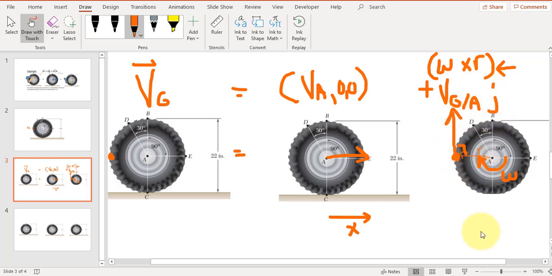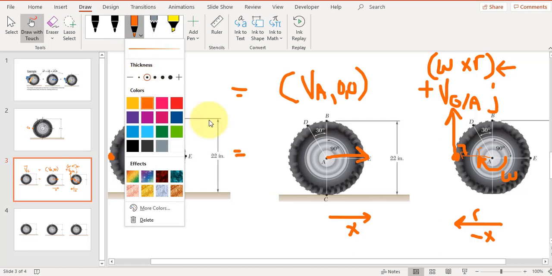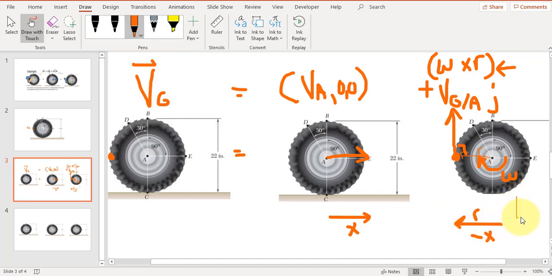So R is going in the negative X direction, and omega, so when you talk about rotational motion, the vector that describes rotational motion is actually describing the axis you're rotating around. So if we have some kind of a X, Y, Z coordinate system, kind of like this, and this guy is rotating around an axis that is here in the Z direction.